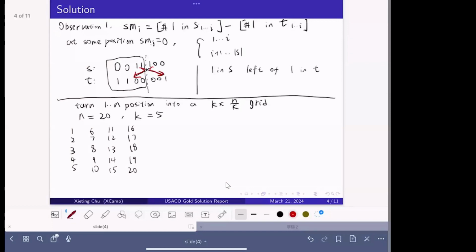And let's mark each position of a one in S as red. For example, this can be red and this can be red. And then we mark all the positions of ones in T as yellow. For example, this is yellow and this is yellow.